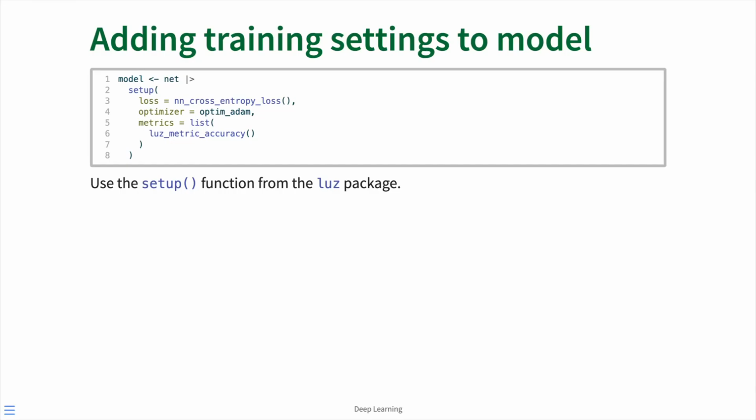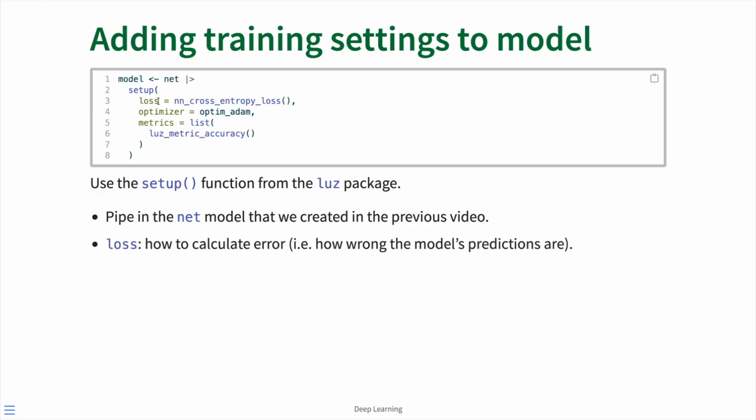So to set this up with the torch package, we're actually going to use a function from the luz package, which makes this easier for us to write. Okay. The first thing we're doing is we're piping in the net variable that holds the architecture of the model we previously defined.